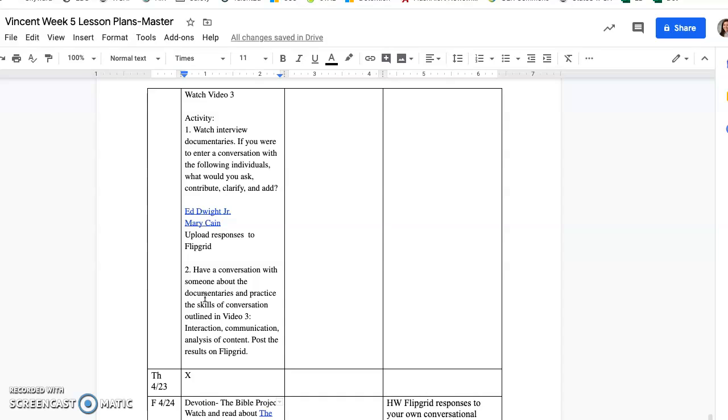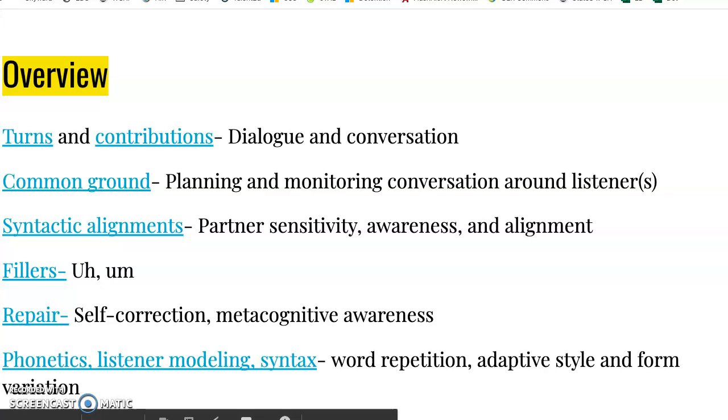That's sort of like Scout's honor. You need to be doing that because you'll need to be writing about them and sharing about them on Flipgrid. Like I said, it's weird to do a distance learning unit on conversation, but we don't really have another alternative. So let's jump into the first two topics today.